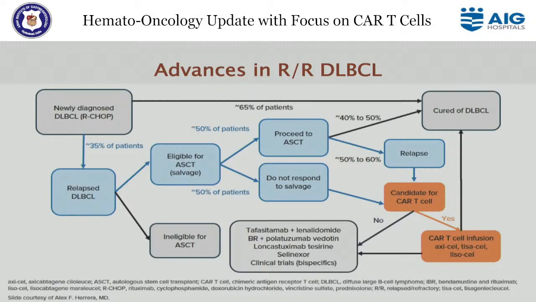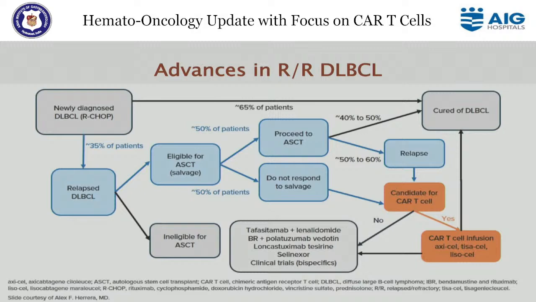So, this is probably a recent upcoming data, the recent advances in relapse refractory DLBCL. Even in the US, I think still the CAR T approval is only after 2 failed lines or those who relapse post transplant.